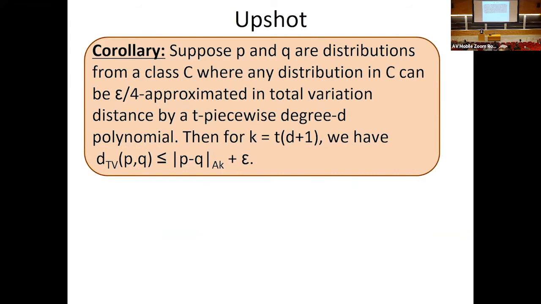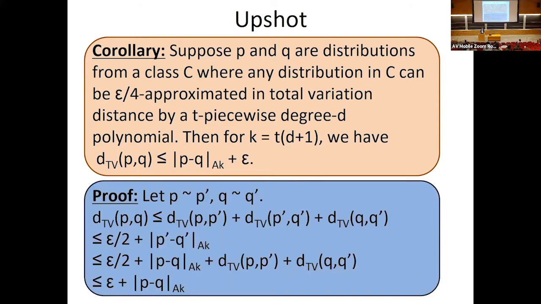Okay, so that much is good, but most of the families that we're looking at are not just piecewise polynomial distributions. So what can we do if we want to look at log concaves or something? Well, the corollary is that if both P and Q come from distributions where they can be epsilon over 4 approximated by T piecewise degree D polynomials, then the total variation distance and AK distance for the appropriate value of K differ by at most epsilon.